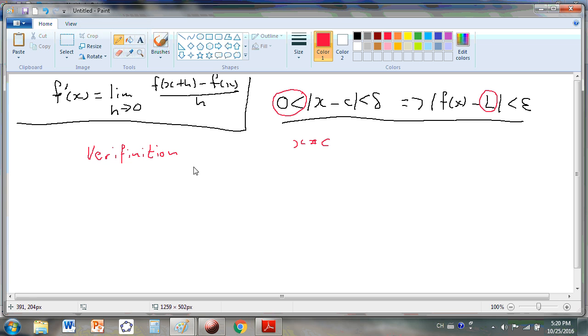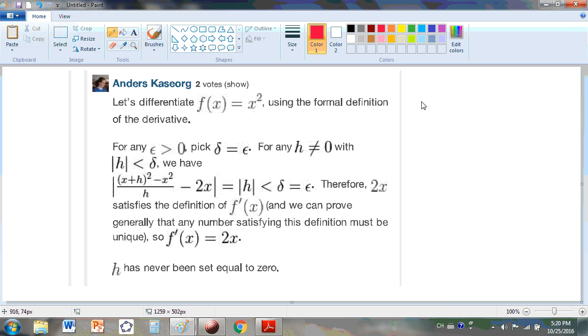And how so? Well, if you look at the definition on this page here, what you need is f dash of c to be equal to the limit as h approaches 0 of f of c plus h minus f of c, all over h. So what you have in here is this expression, which is the finite difference.